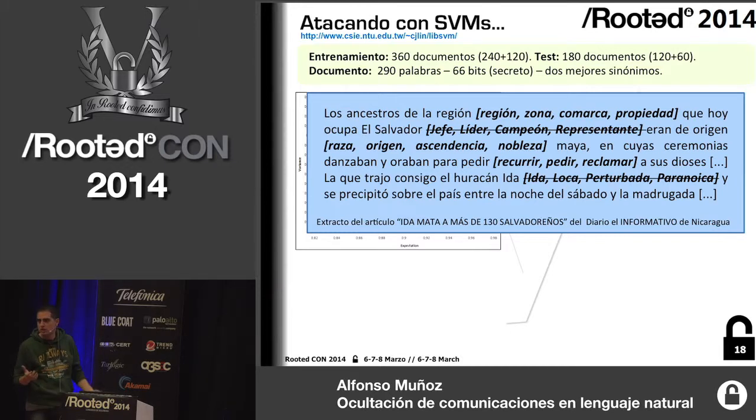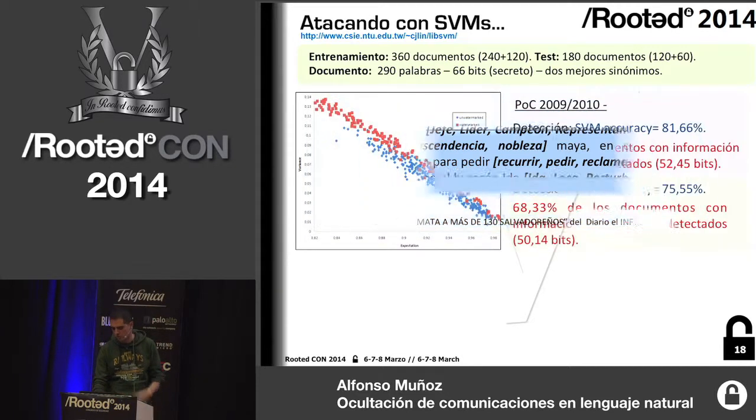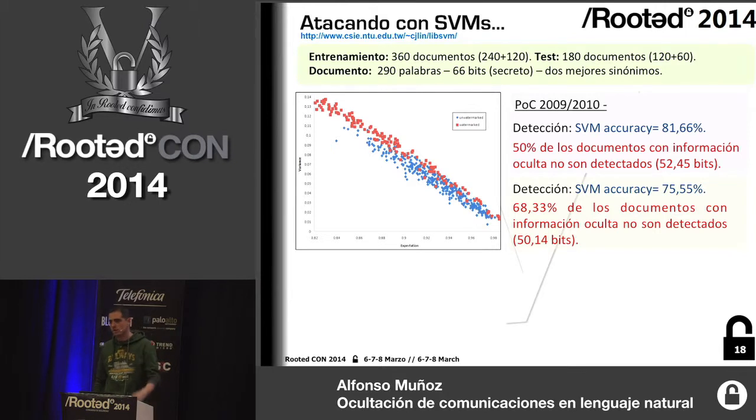As I told you before about proper names, if you could eliminate proper names, the tool could work better. And just by removing that, the result? Well, 18% more of the texts were not detected.